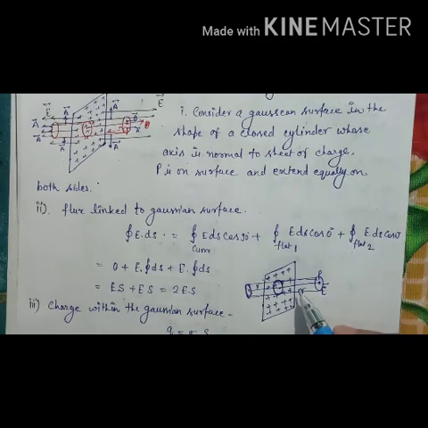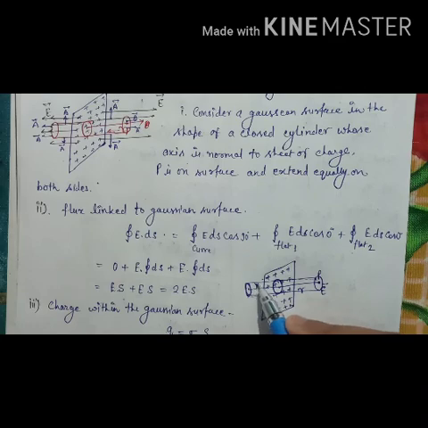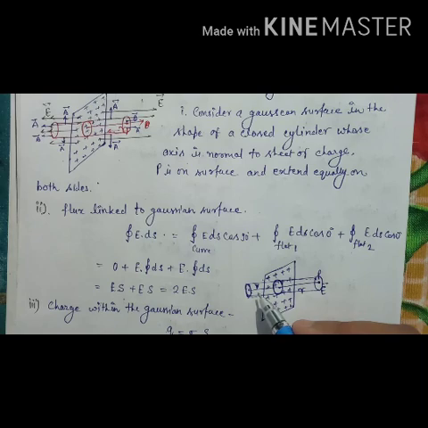Why do we use a cylinder here, why do we imagine this type of Gaussian surface? Because we know that we use a Gaussian surface where the electric field and theta are symmetrical.